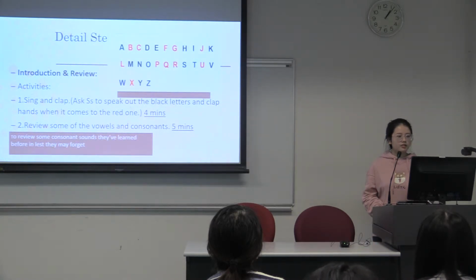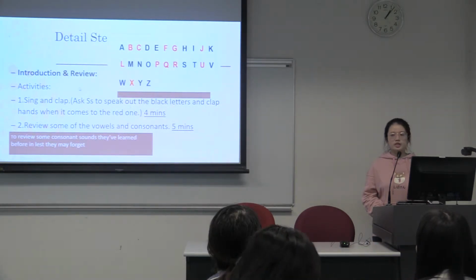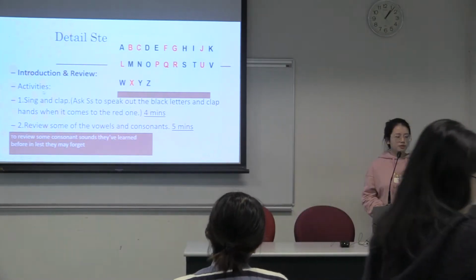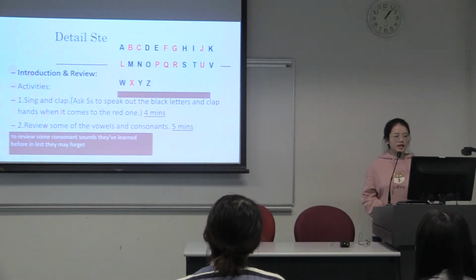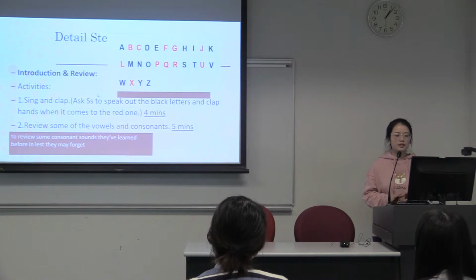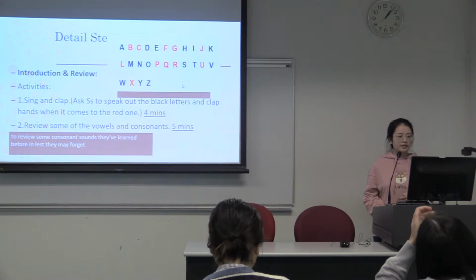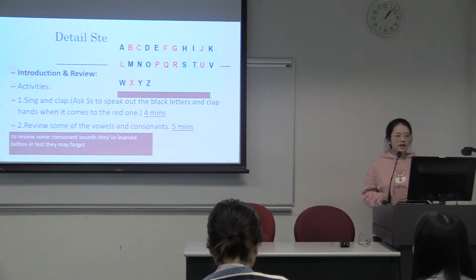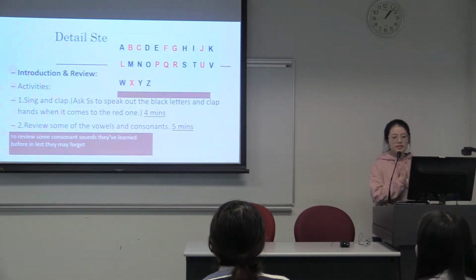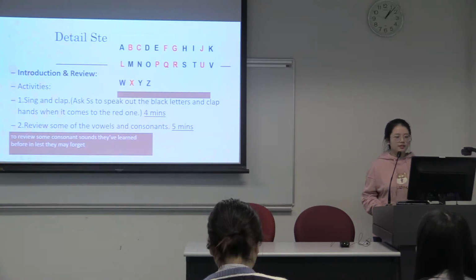Then is the introduction, the review part. We will sing and clap. The whole class will sing and clap the alphabet chart first to consolidate it, to let them remember the order of the alphabet, like A, B, C, D, E, F, G, H, I, J, K. Then we review some of the vowels and consonants.